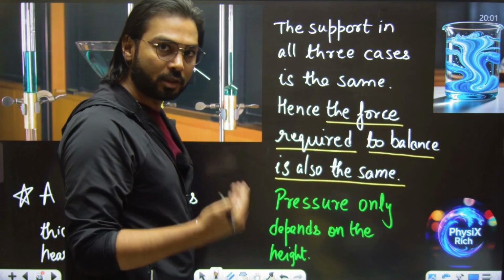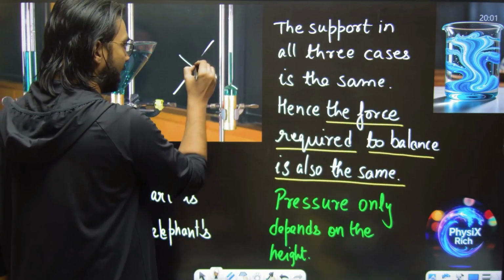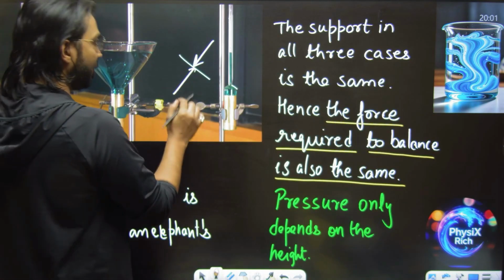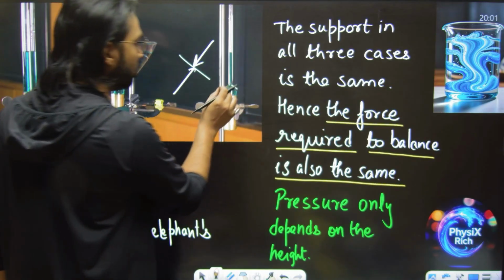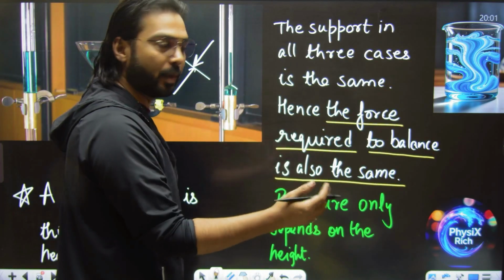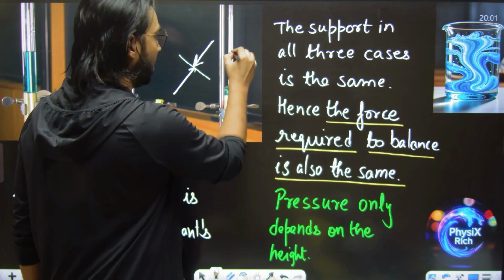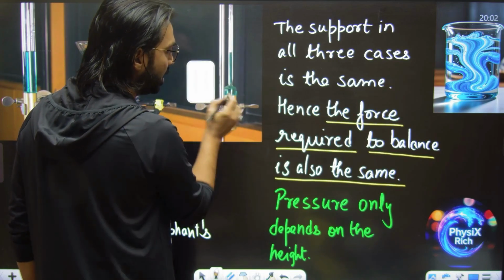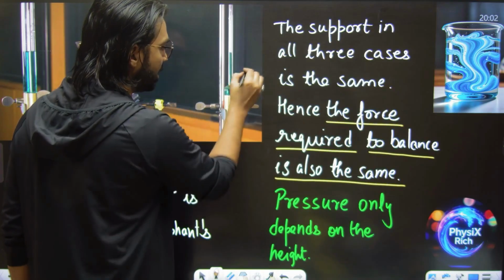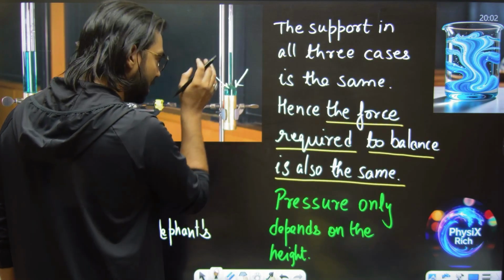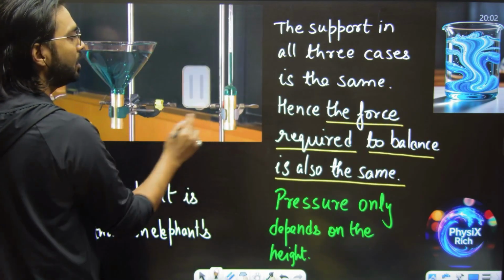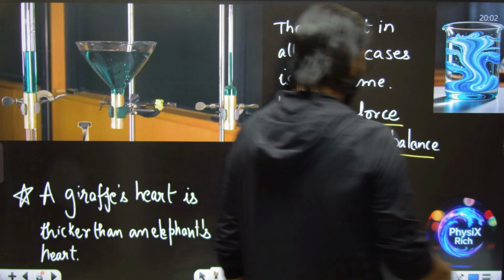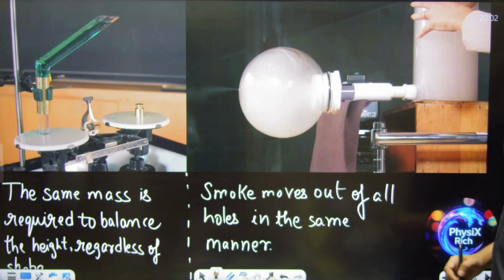Now, according to Newton's third law, this surface would be applying a force in this direction, which means that the force which is absent due to the absence of the liquid in this region is now put because of this tiny surface. This tiny surface is trying to apply a force downwards. And that's the reason why the pressure over here is compensated. And that is the solution to the hydrostatic paradox.